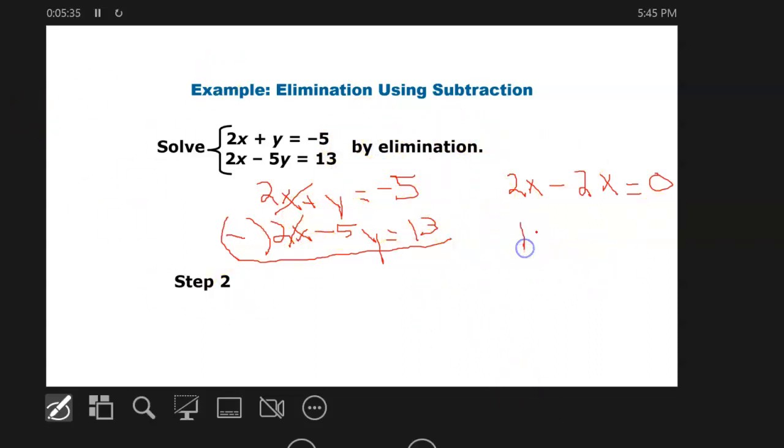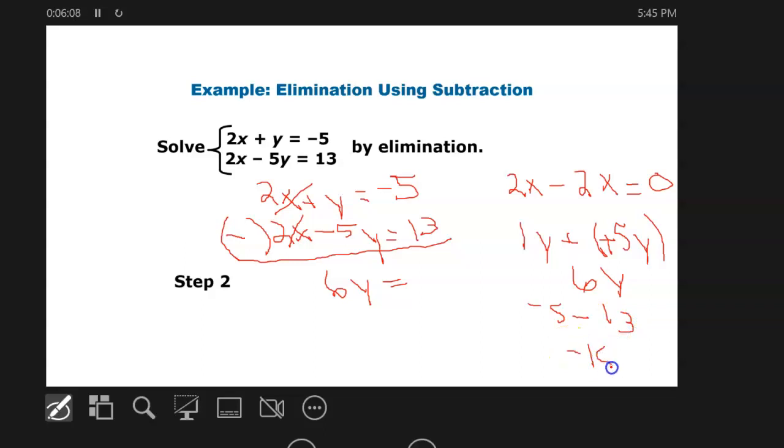I have 1y, and I am subtracting negative 5y. And when I do that, that minus negative becomes plus positive, and that would give me 6y. So I'm going to bring down 6y. And then I am subtracting the numbers. So I have negative 5 minus 13, which is going to be equal to negative 18.